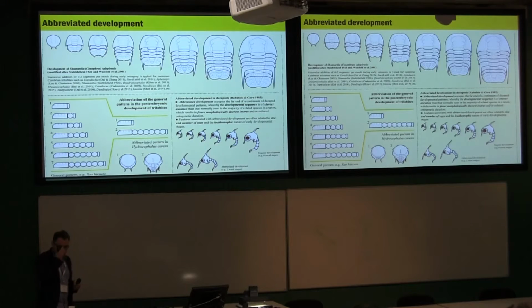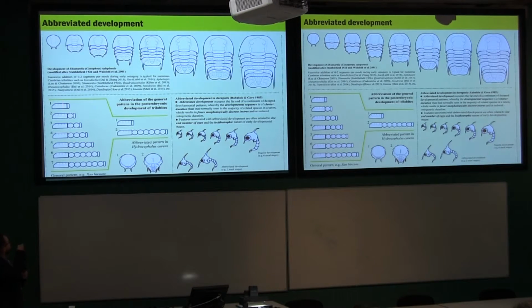There are also some different features in the larval stages of Paradoxidid trilobites. In general, the ontogeny of trilobites looks something like this. It is characterized by subsequent addition of individual segments.